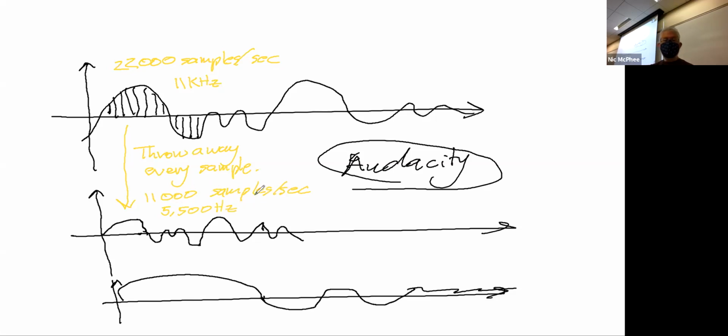Now, it isn't really 11,000 samples a second because it's still 22,000 samples a second. We're just squidging them all in. So we lose some high frequency information, but then we make everything a higher frequency. So you are ultimately losing some high frequency information, but it's masked by the fact that we chipmunk everything to death. But we're definitely losing information.